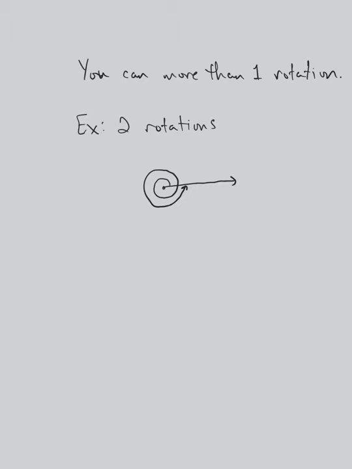Well, first we had the first rotation, so that's going to be 360 degrees. But then I added on a second rotation, so I added on another 360 degrees. 360 plus 360 is 720 degrees. So I could have lots of rotations.